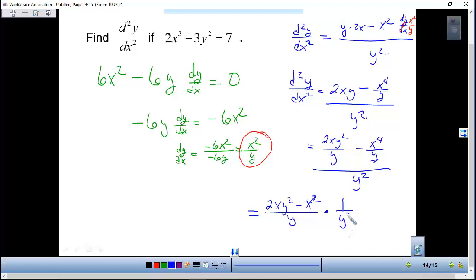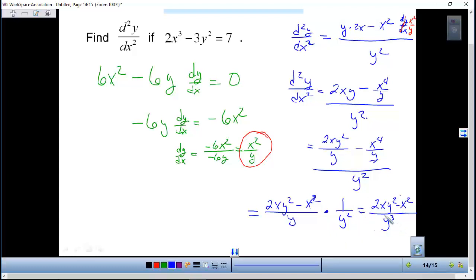Multiplying by the reciprocal, 1 over y squared. So if we multiply by the reciprocal, we can simplify this down and get one fraction with no problem. So we've got 2xy squared minus x to the fourth over y times y squared, which is y to the third.